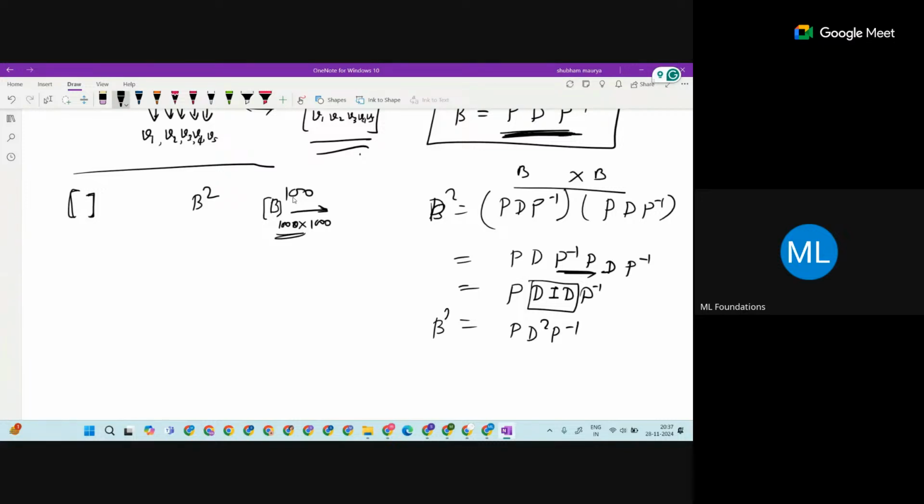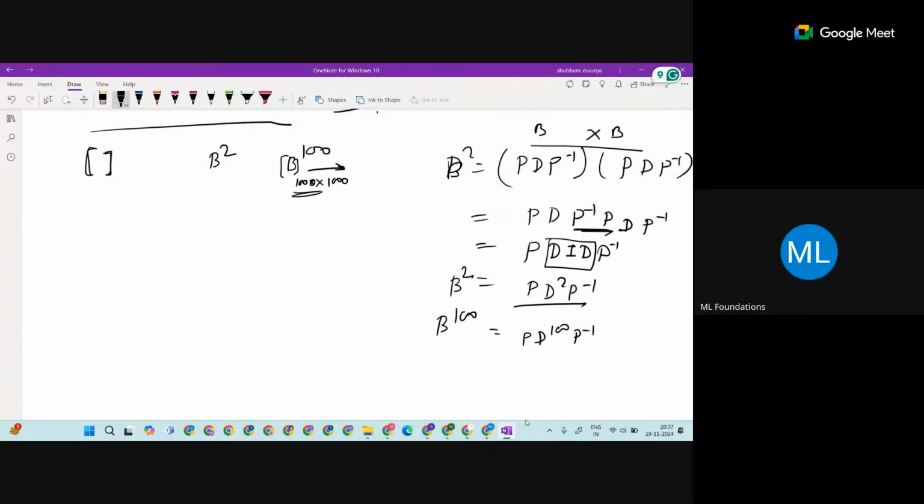So doing B square is done like this. Doing B power 100 means this is going to be D power 100 P inverse, with P in front. So that is one use of diagonalizability. There are lots of uses you will see later, but this is one use.